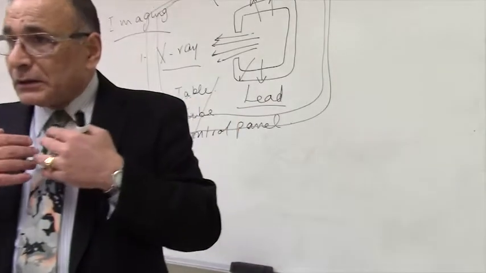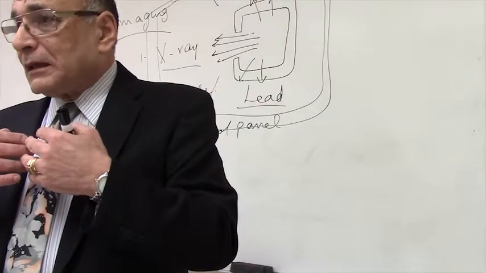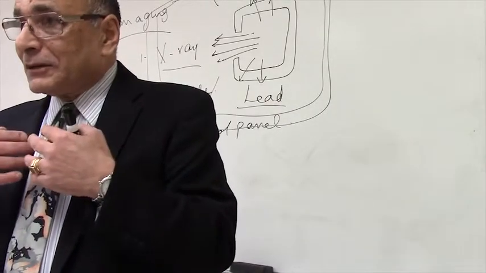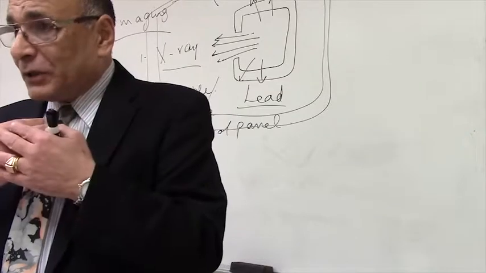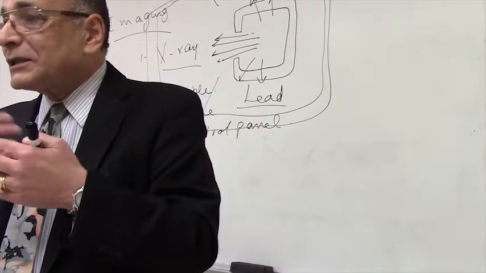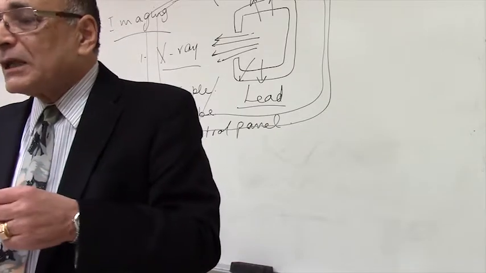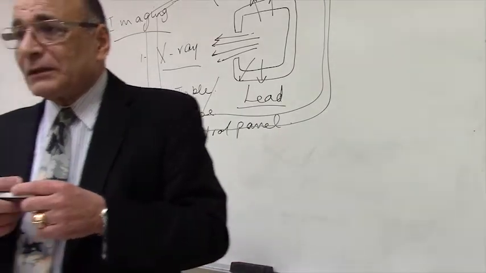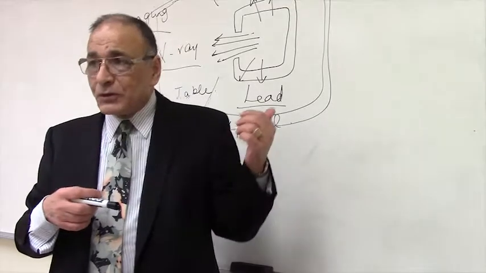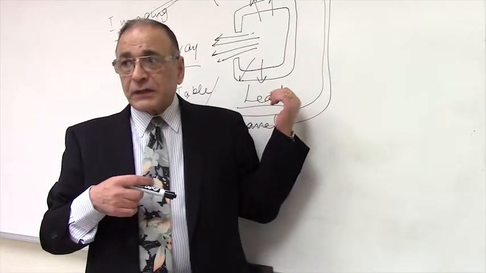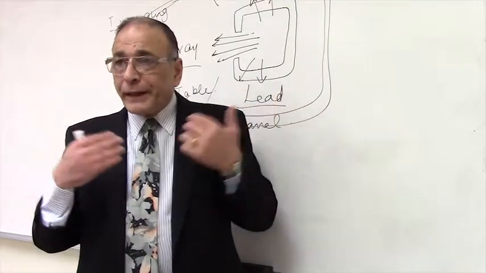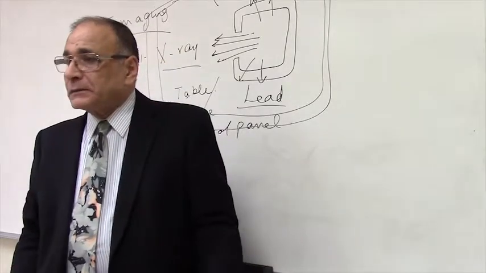He's going to wear a lead gown, so it protects his body, so it's not exposed to every single dose of X-ray. So the technician is protected against overexposure to X-ray by wearing a lead gown.